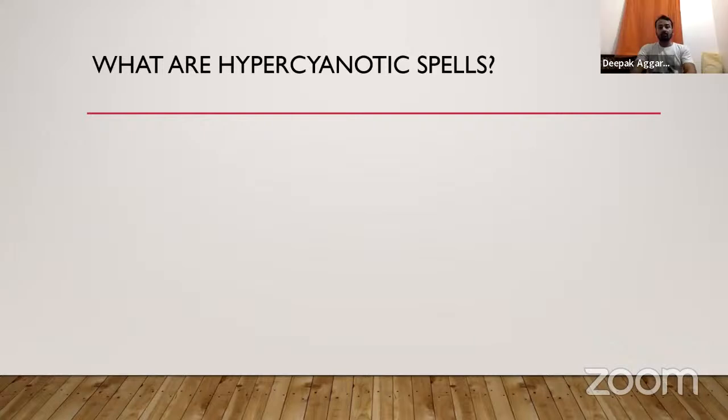So the hypercyanotic spells are conditions which cause the shunt to increase from the right to left side, causing hypercyanosis. So anything which increases the PVR or decreases the SVR causes increased shunting from right to left, and that causes the cyanosis. And that will again cause conditions perpetuating this cycle.